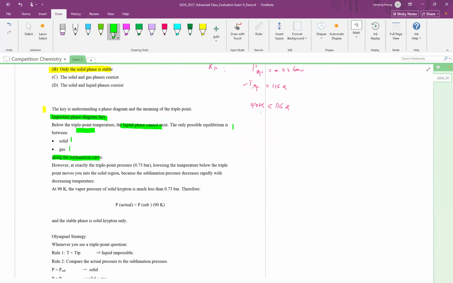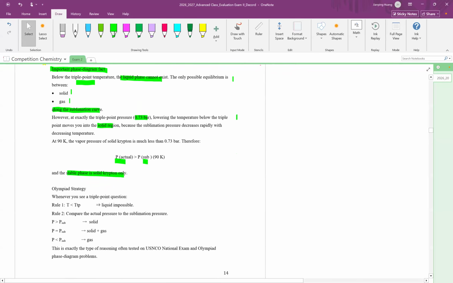However, here the exact pressure is 0.73 bar. You lower the temperature below the triple point, you move to the solid area. The actual pressure is higher than the sublimation pressure, so only solid can exist.